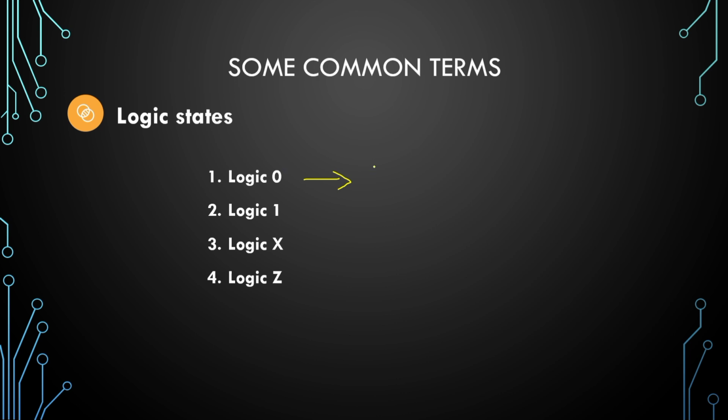So 0 represents low or false or off condition. Logic 0 is nothing but you do not have a signal, or the signal doesn't have any value, or the signal is low, or false, or in off condition. That is what is represented by logic 0 if you are using a positive logic system. Let us see positive and negative logic systems in further slides.